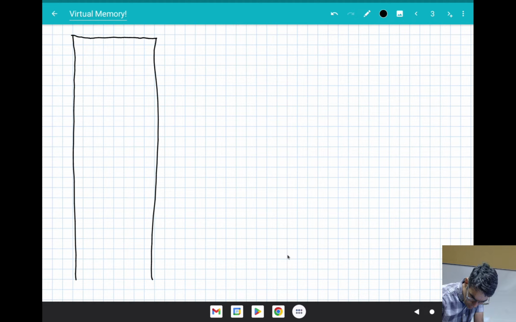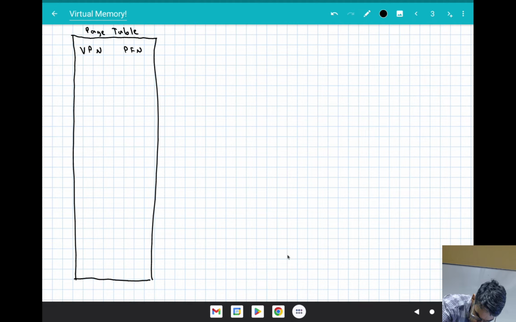So I'm going to draw the traditional rectangle shape. But this time I'm not trying to represent physical memory, and I'm not trying to represent virtual address space, but instead what I'm trying to represent is the page table. With a linear page table, we're going to have virtual page numbers and physical frame numbers where those things are located.